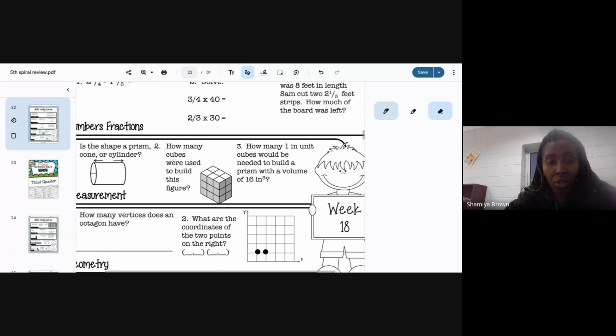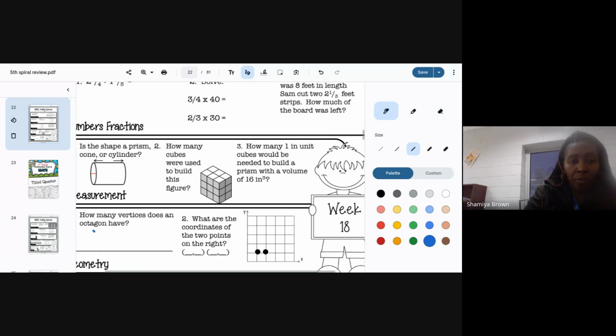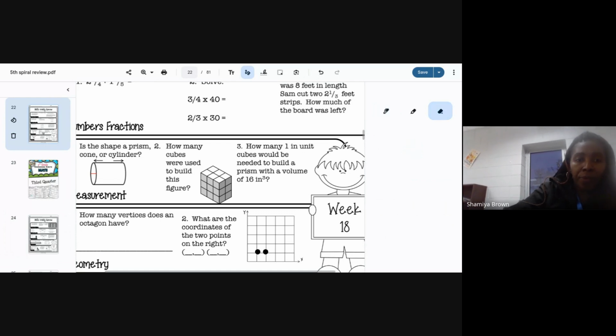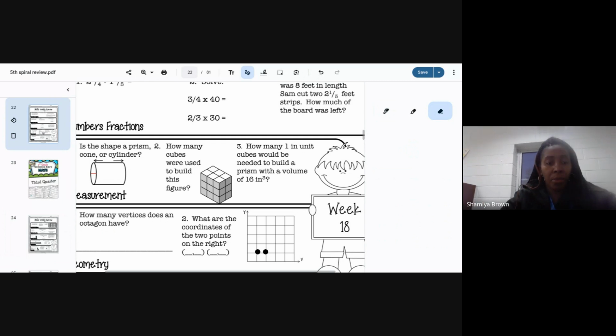Let me see. Let me draw it. I'm not good at drawing. Let me just pull up a picture of an octagon.